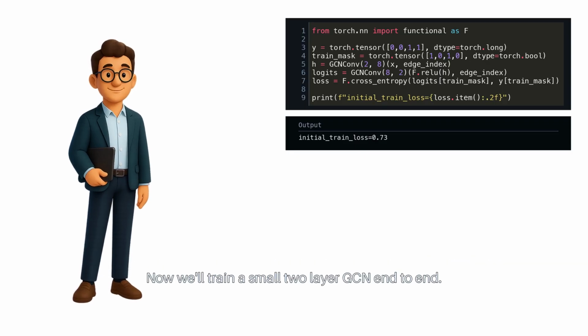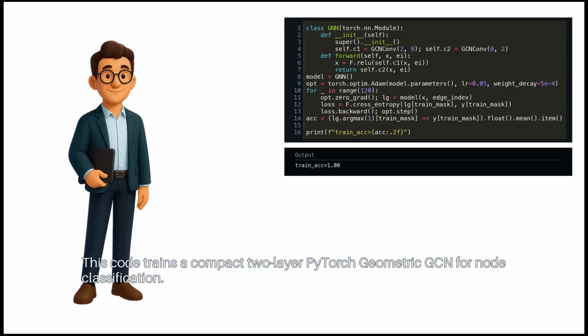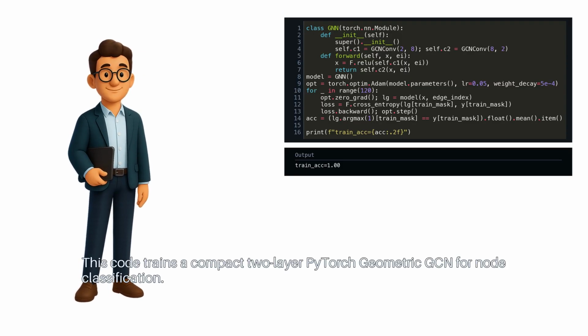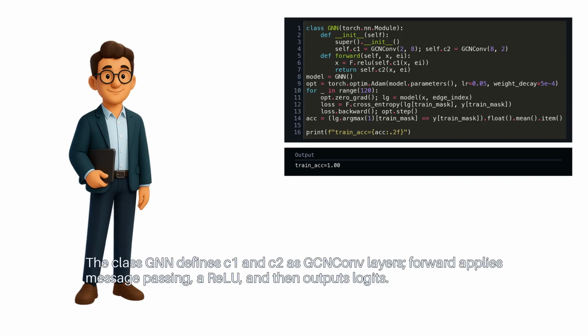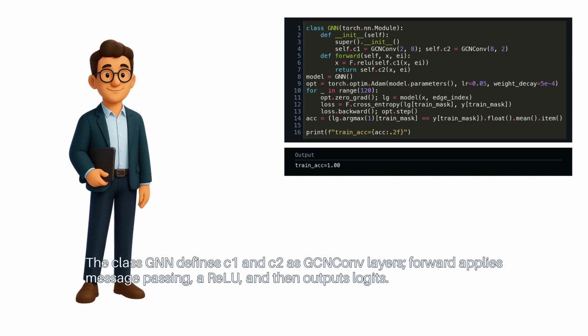Now we'll train a small 2-layer GCN end-to-end. This code trains a compact 2-layer PyTorch Geometric GCN for node classification. The class GNN defines c1 and c2 as GCNConv layers. Forward applies message passing, a ReLU, and then outputs logits.